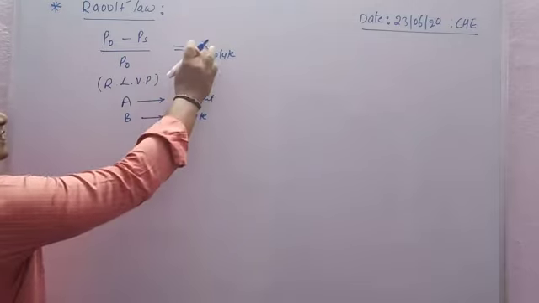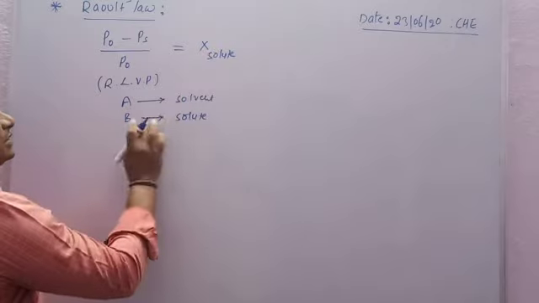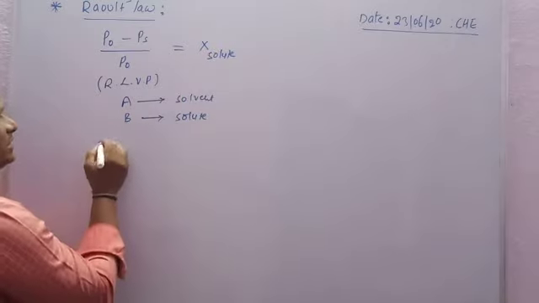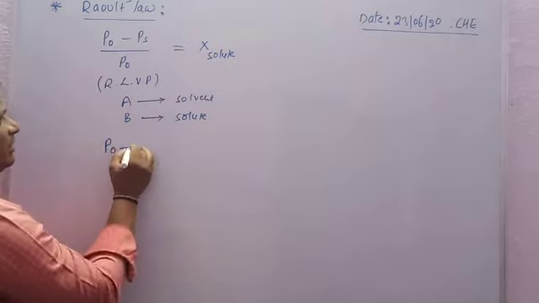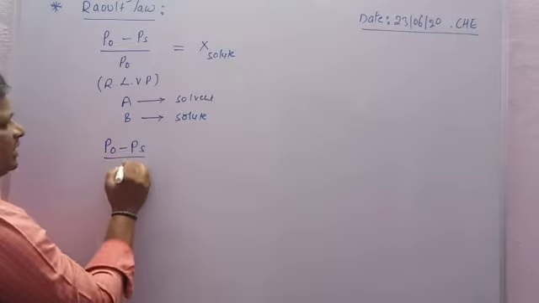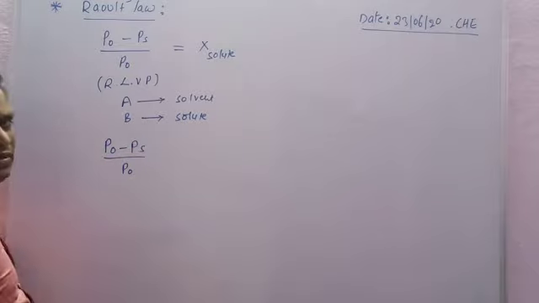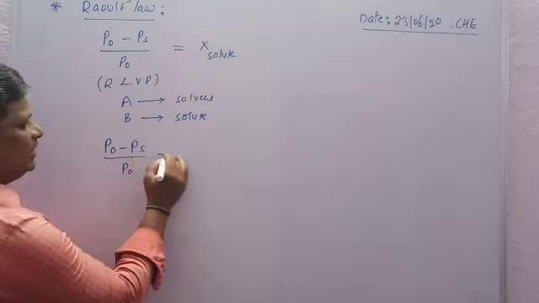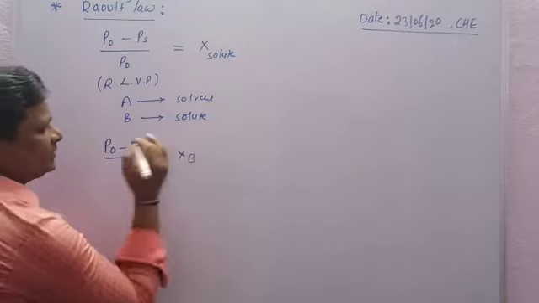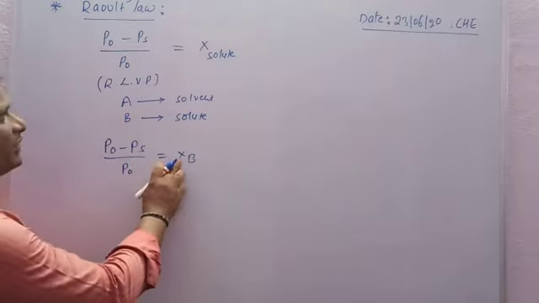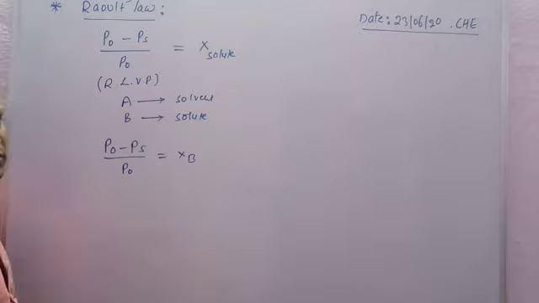Here X solute means X of B. So simply, P naught minus Ps by P naught equals XB, wherein X is the mole fraction and B is the solute.